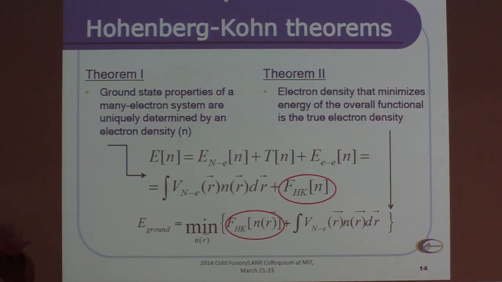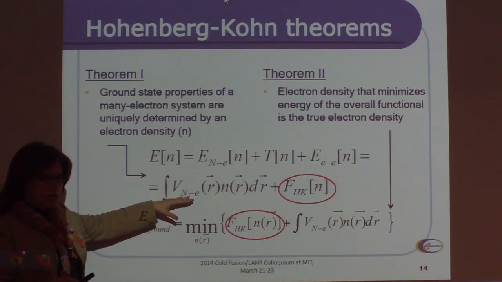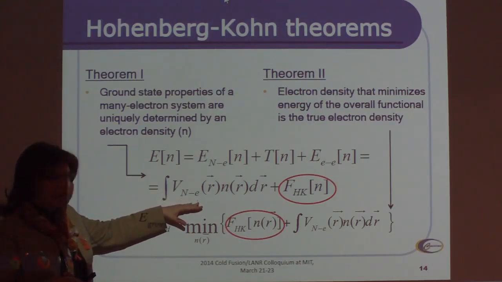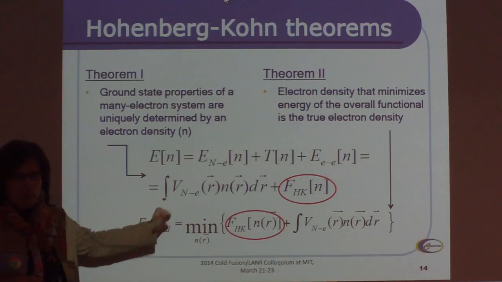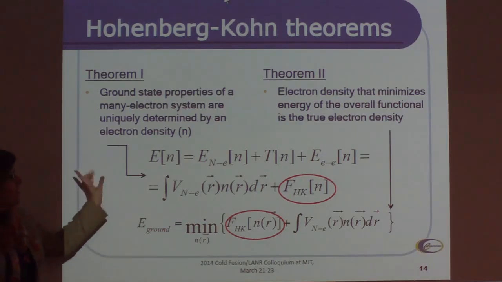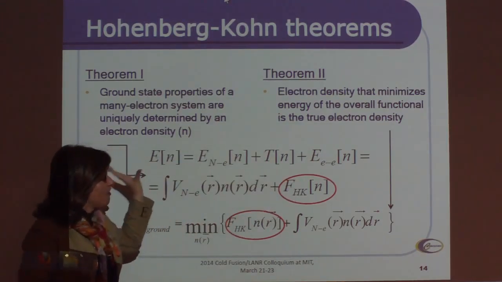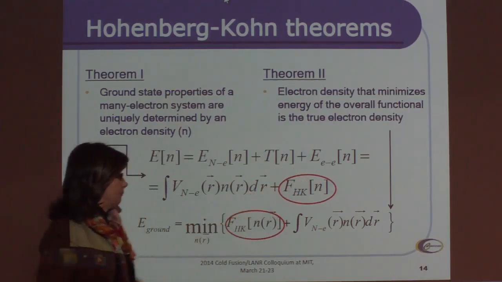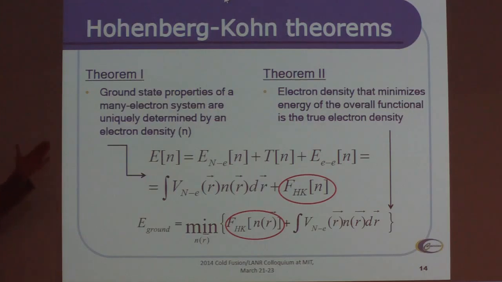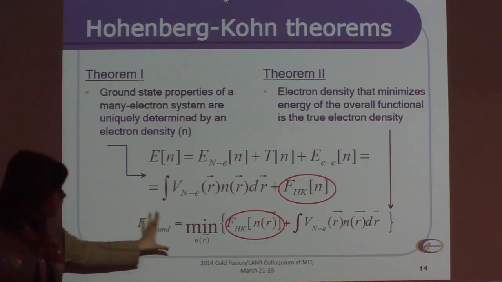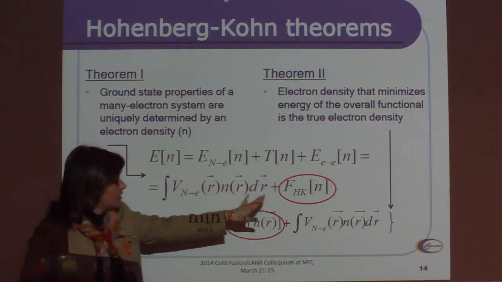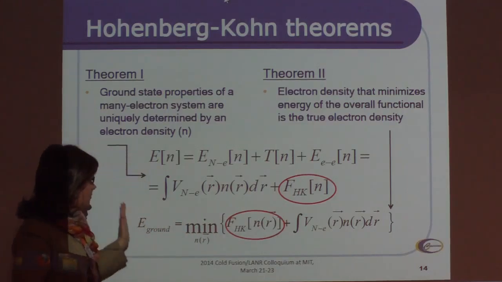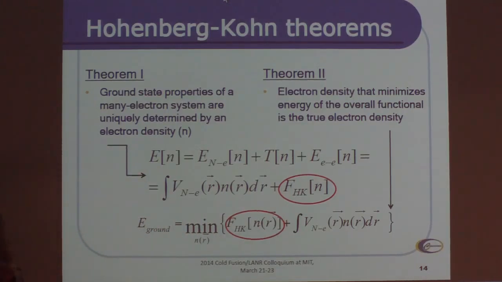So how can we rearrange those terms? We will talk about the potential that describes the nuclei and electron interaction, and then everything else, all other interactions, will go into this term. So then, according to the second theorem, we just minimize this expression and we get our true electron density.